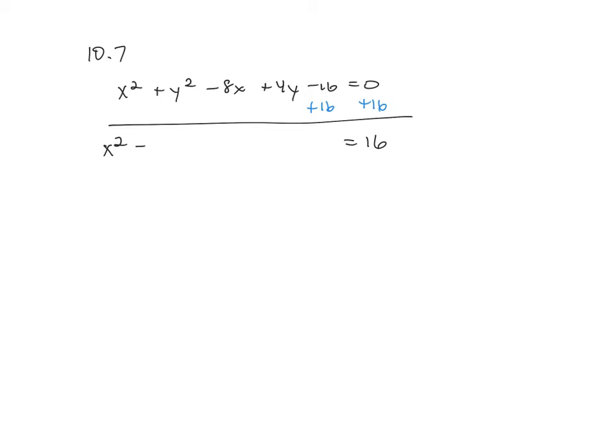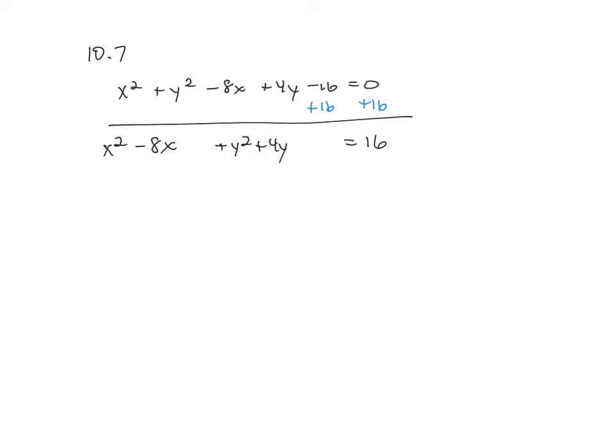I want the 8x to be with the x squared, and I want the y squared and the 4y to be with each other. And it's plus y squared, so I could put a plus there. So now we need to do that completing the square thing to help us out here.